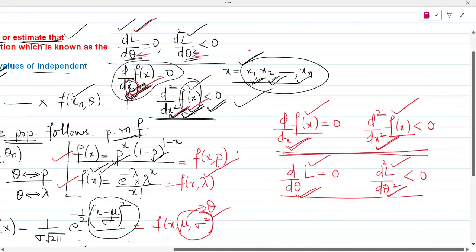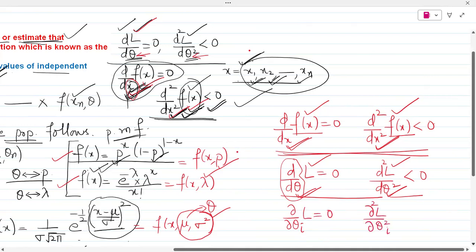Now, if theta is scalar valued, meaning it has only one component, then we use the symbol d/d theta, the ordinary derivative. But if theta has two or more components, then we use the notation curl by curl theta, meaning partial derivative.